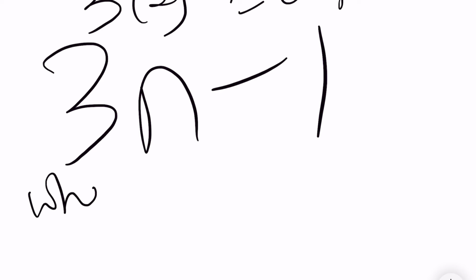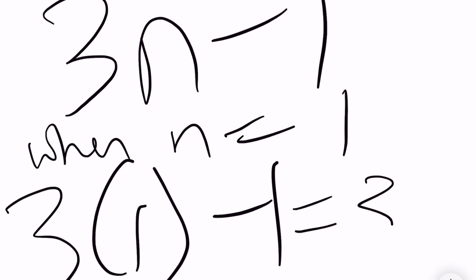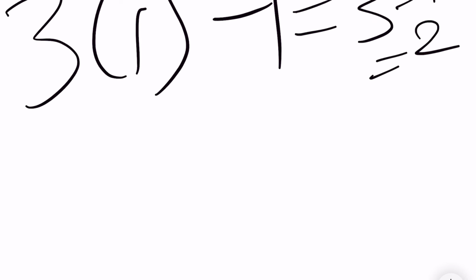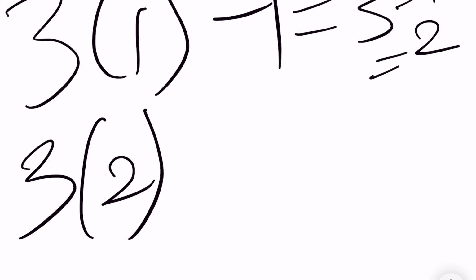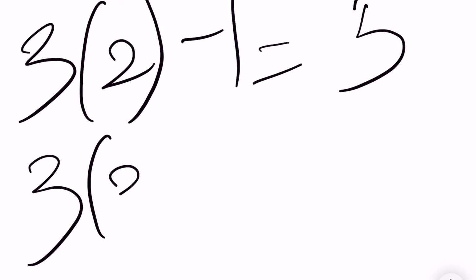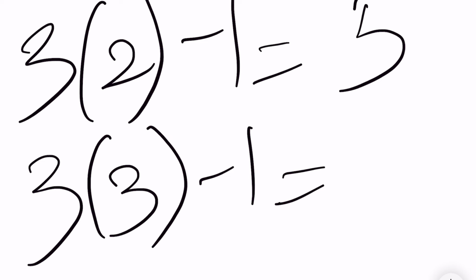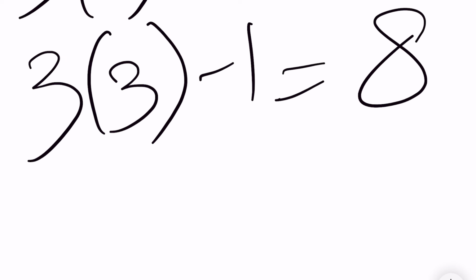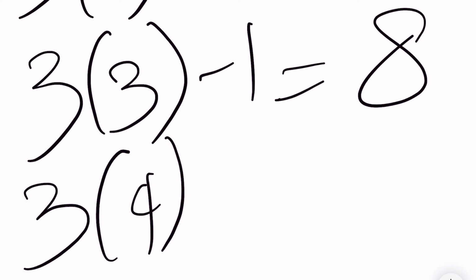So when n is 1, we have 3 into 1 minus 1. We have it to be 3 minus 1, which is 2. When n is 2, we have 3 into 2 minus 1. This is 5. When n is 3, we have 9 minus 1, which is 8. When n is 4, we have it to be 11.